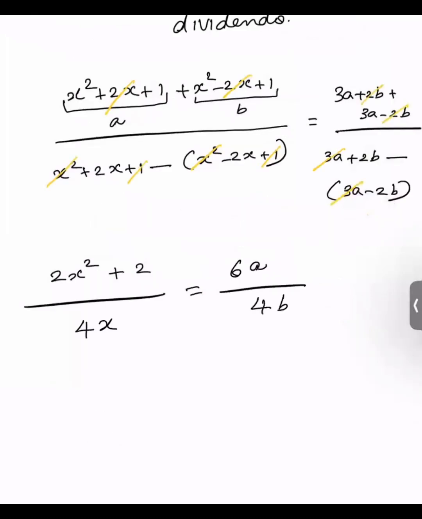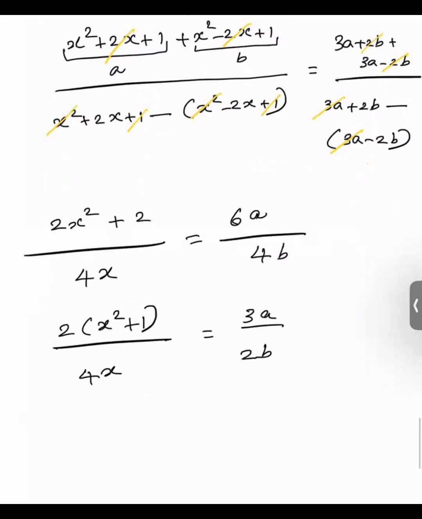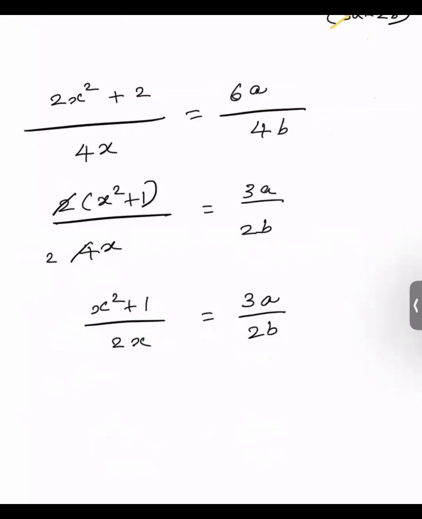So this is like 2 into X square plus 1 divided by 4X is equal to 3A divided by 2B, right? So if I cancel out this and this, I get 2. So X square plus 1 divided by 2X is equal to 3A by 2B. This 2 and this 2 can be cancelled out, right?